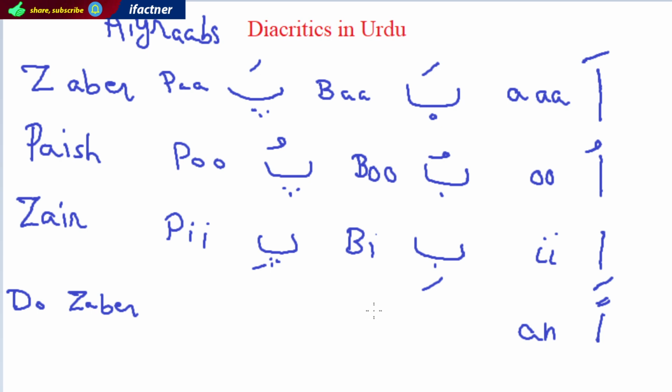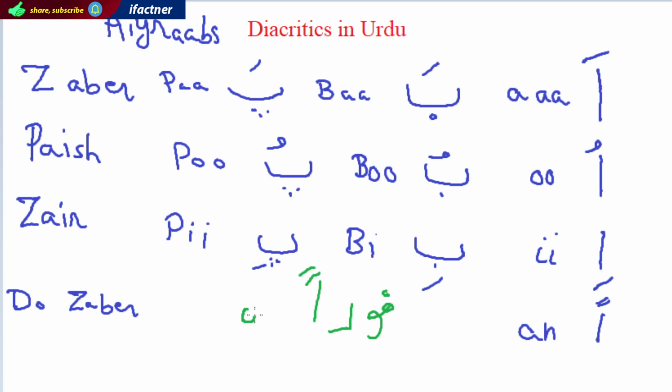You don't have to focus on this word right now, but let me write it down so that we can see how it changes the sound of that word. Fe, Wow, Re, Alif. If we see this word, it makes the sound fora. But if I put this Do Zabar on top of Alif, then it becomes foran, and foran means quickly.